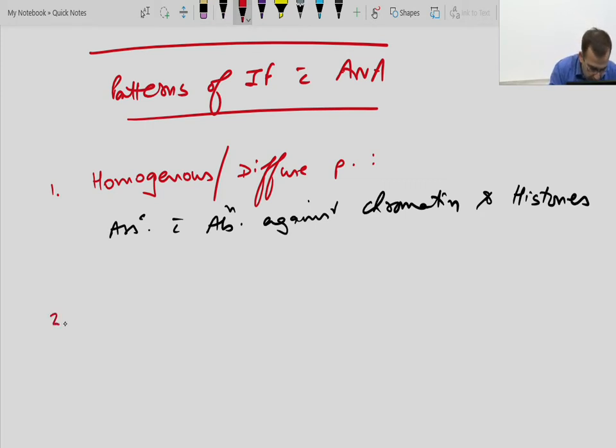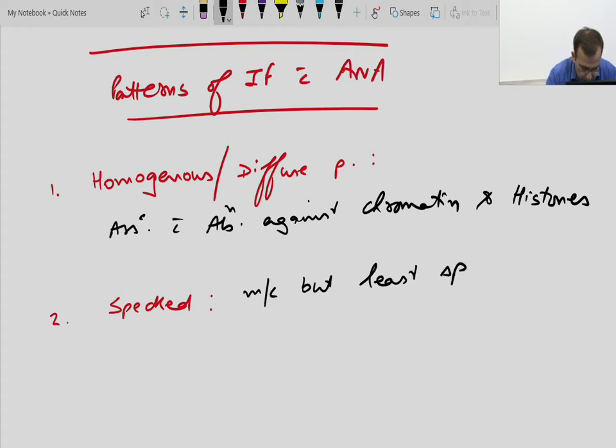The next pattern is speckled, which is the most common but least specific. What does the speckled pattern denote?